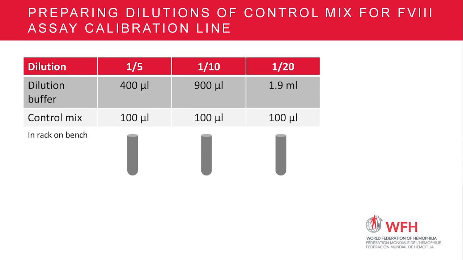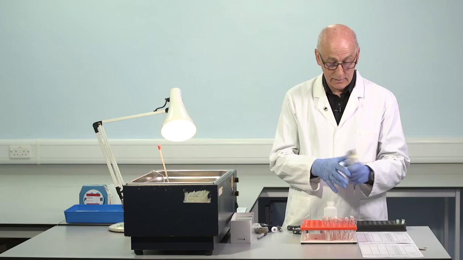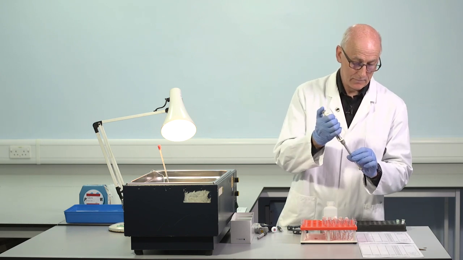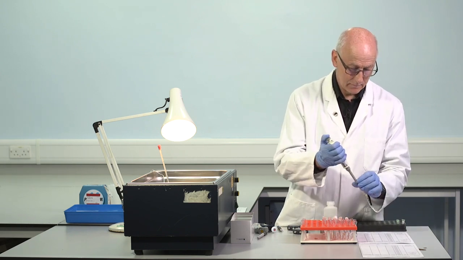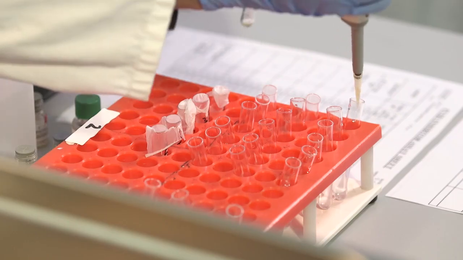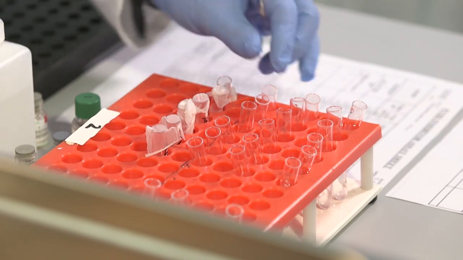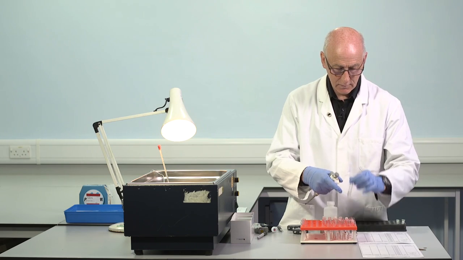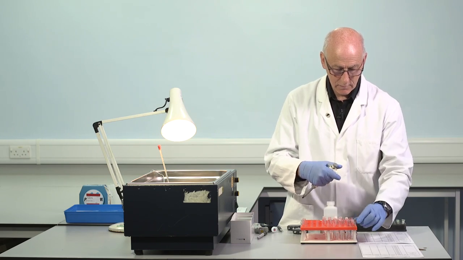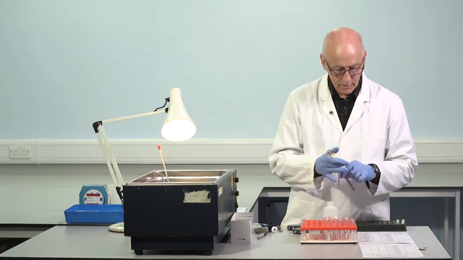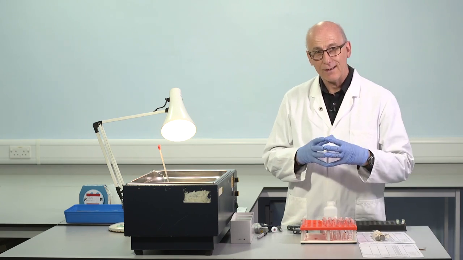So we'll now add 100 microlitres of the control mix to each of those tubes. And each one is mixed. This is used to construct the calibration line.